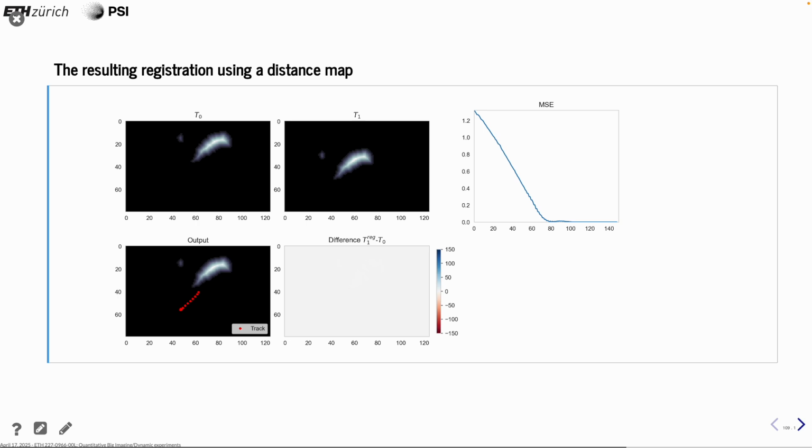If it's more or less flat gray, it's much harder for the algorithm to find it, and it easily lands in local minima. So if you have the problem that the registration doesn't really do what you want, maybe you should look at enhancing relevant features that make it easier for the algorithm to track.